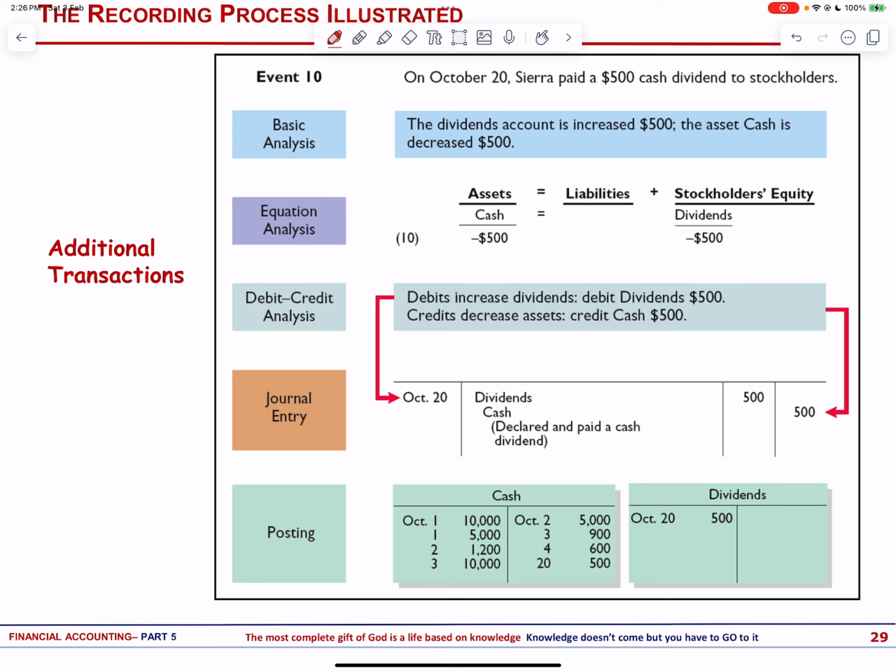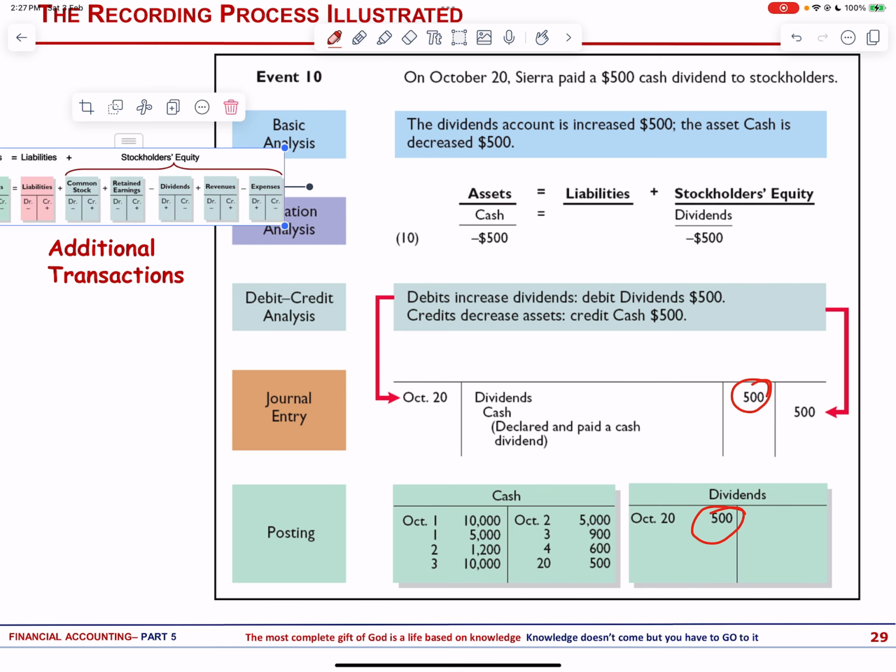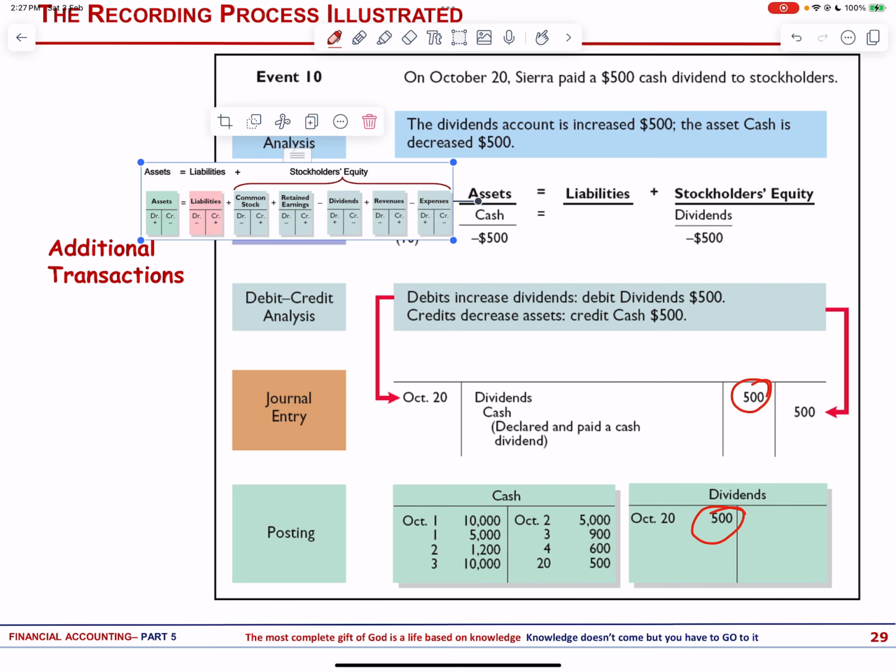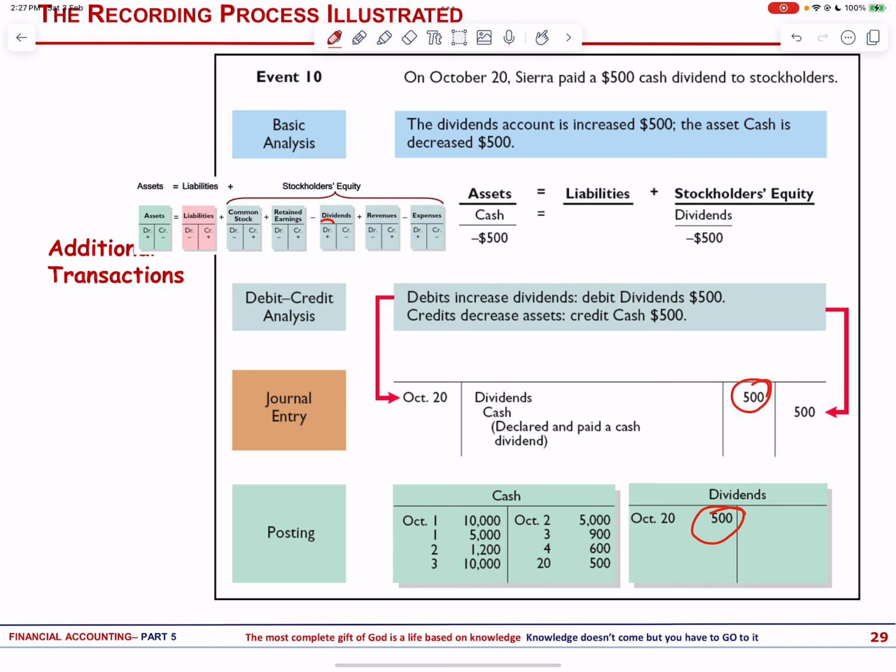Next, dividend is debit, and if you can remember, expenses and dividends, when they increase, are going to be debit. So you can see that if the dividends increase or the expenses increase, they are going to be debit.